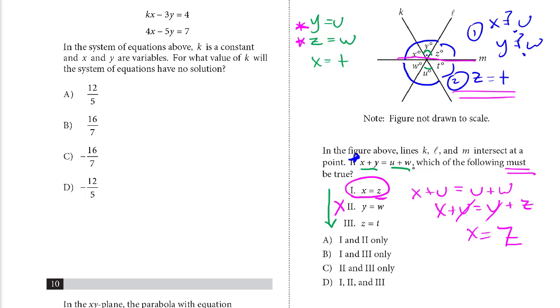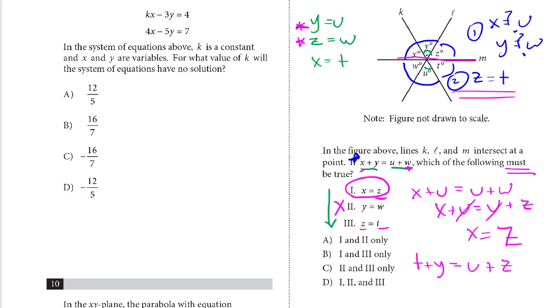So right now I don't have z or t in that equation. I'm going to substitute in t for x. So x becomes t plus y equals u plus w, where w becomes z. Now I have my z's and my t's in there, which is what I'm ultimately trying to set equal.